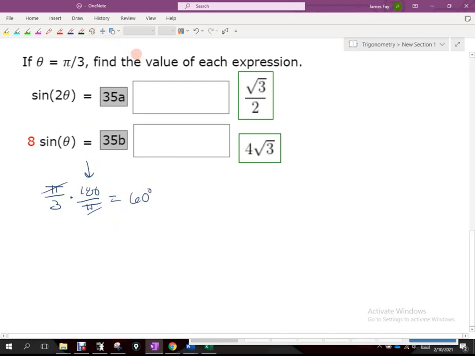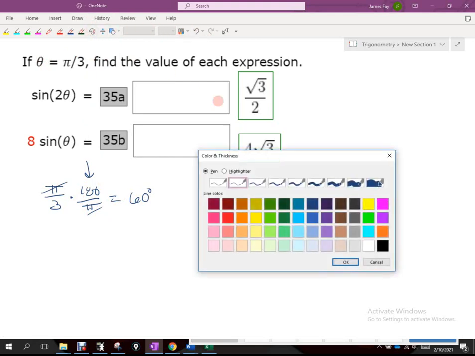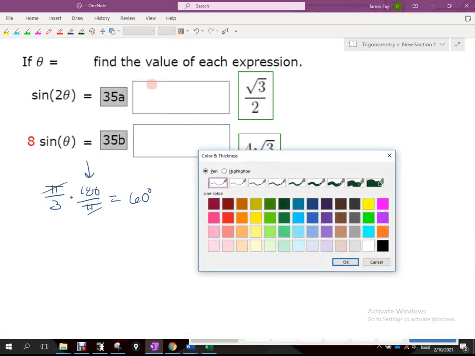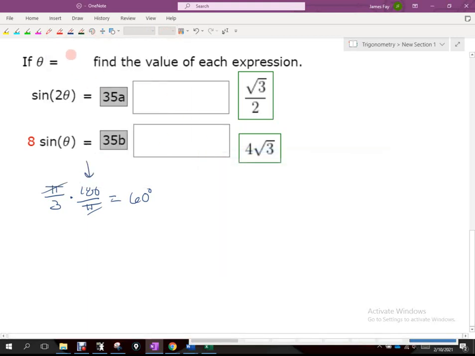So instead of saying theta equals pi/3, I would rather do things in degrees, because angles make more sense to me as degrees initially. So I'm going to do this in 60 degrees, and we'll come back and see if we can do the same thing in radians.